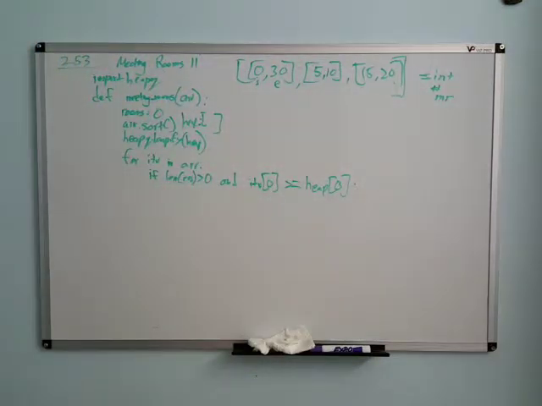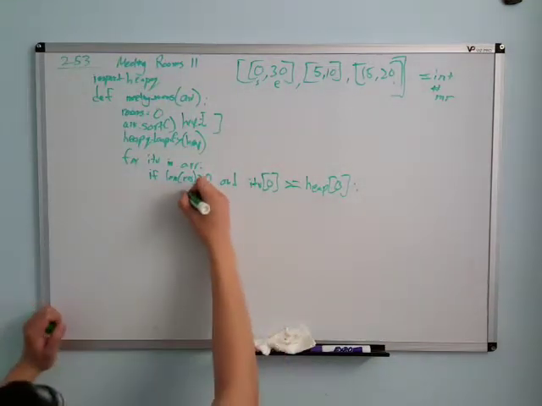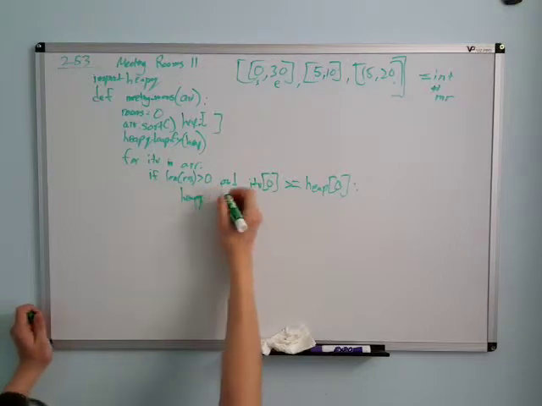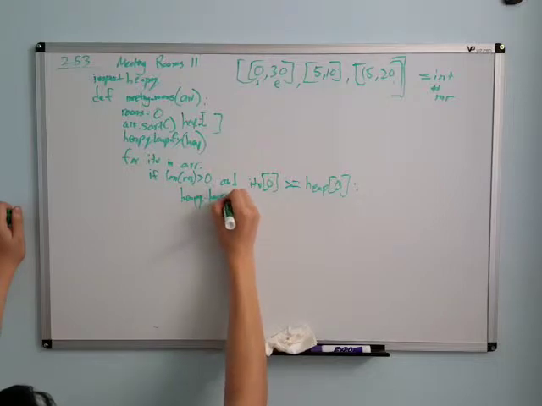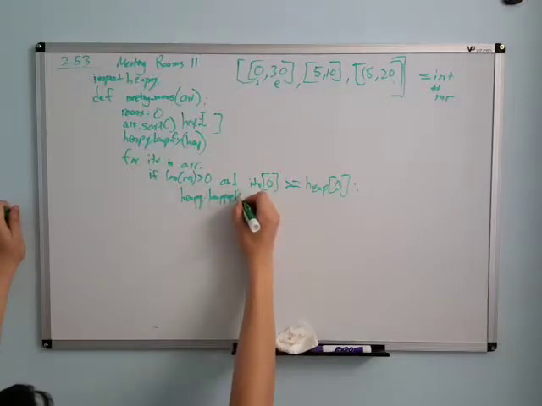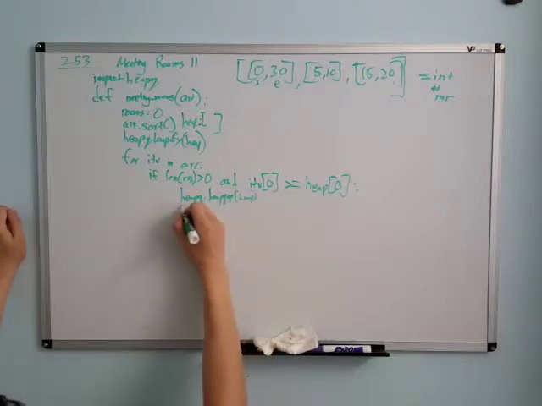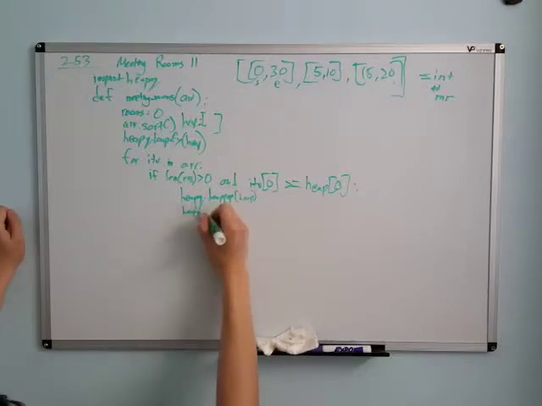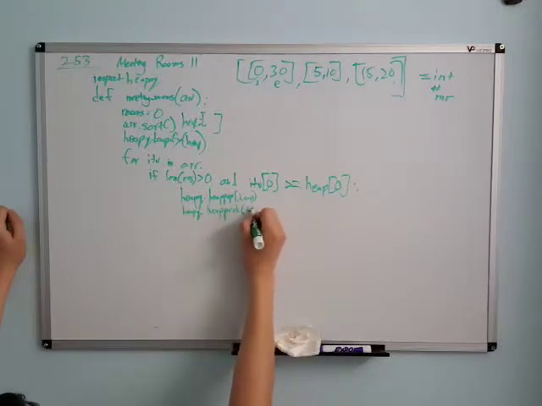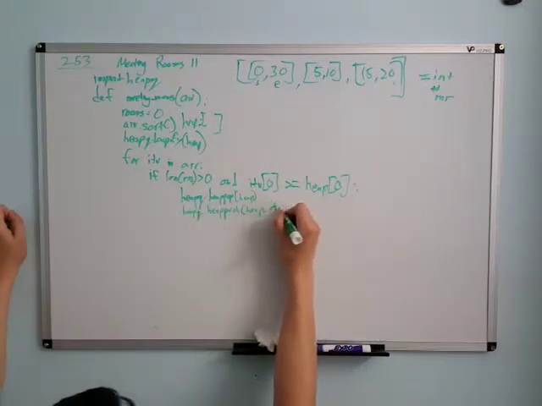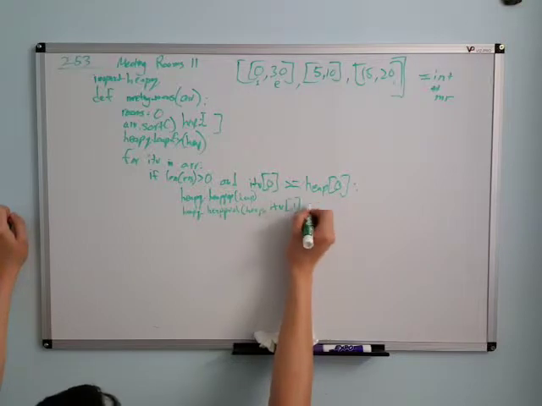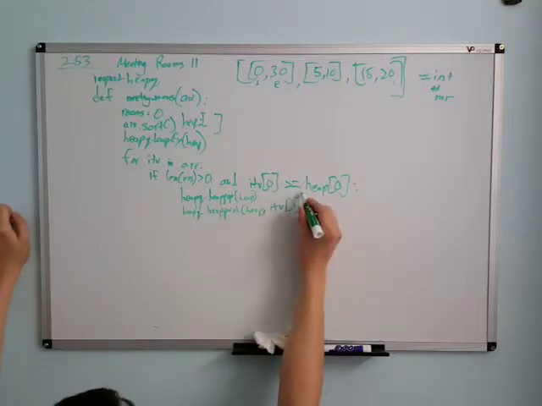Then we want to replace it, right? And how do we do that in a heap? We will do heapq.heappop from our heap, and then heapq.heappush, heap, and the end element, ITV, a comma, like so.